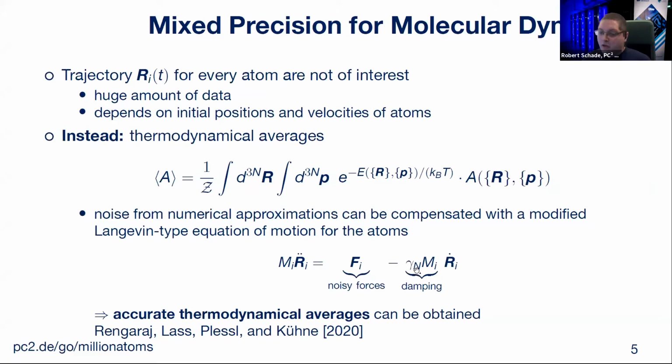With this damping parameter, it can be shown with the fluctuation-dissipation theorem that you can use it to configure the temperature. And if you then do a molecular dynamics calculation with that, you automatically sample the thermodynamical averages. It can also be shown that, doing it this way, you can compensate for the numerical noise and achieve accurate thermodynamical averages from lower precision arithmetic operations.